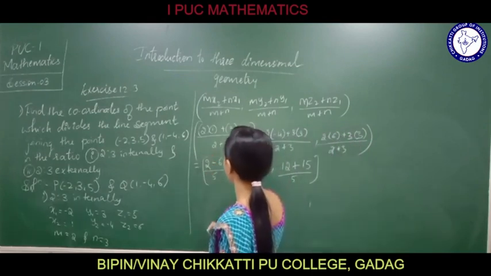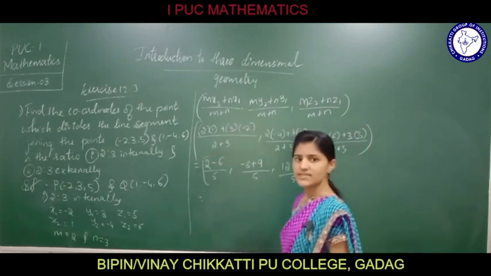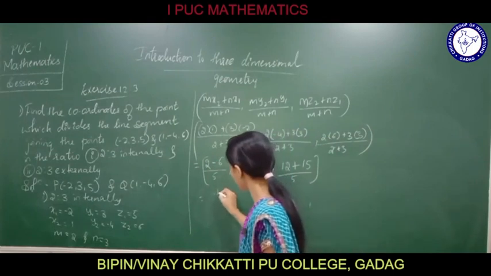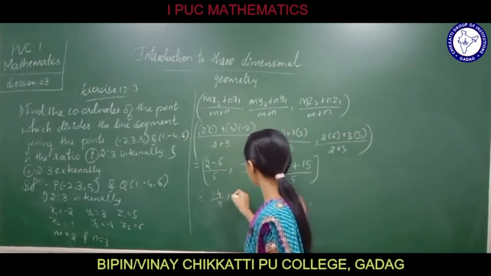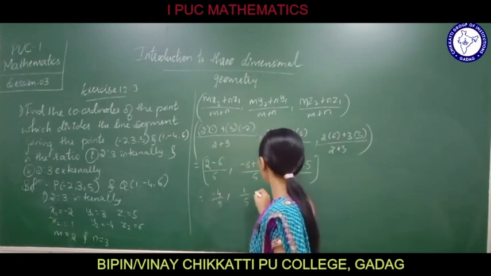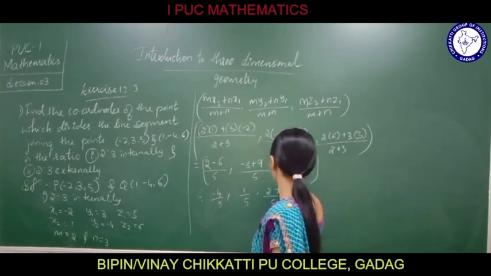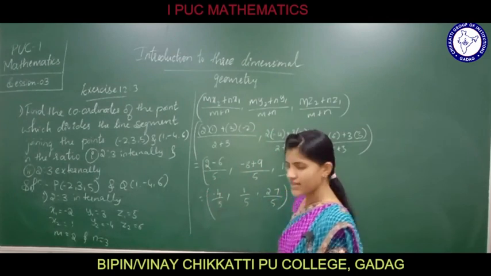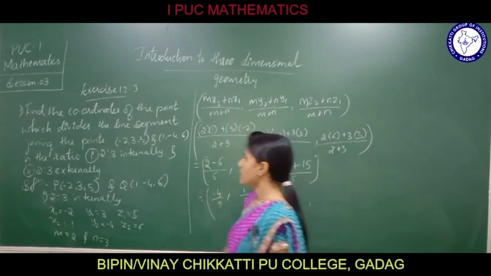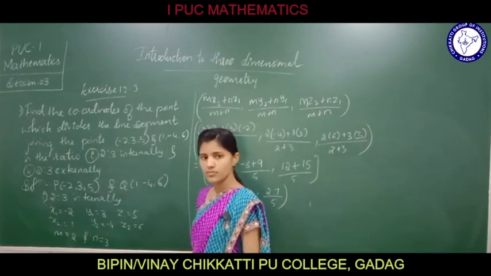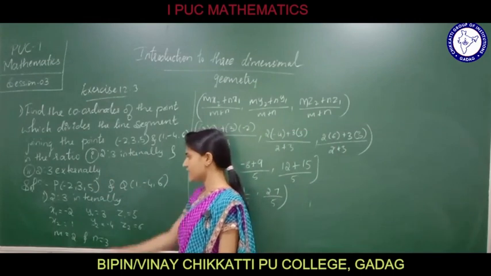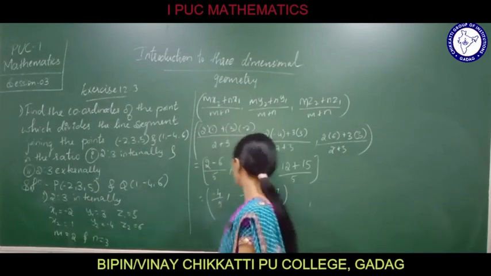This is what we have as the coordinates, right? 2 minus 6 is minus 4 by 5, 1 by 5 and 27 by 5. These are the coordinates when P and Q are divided internally in the ratio 2:3.